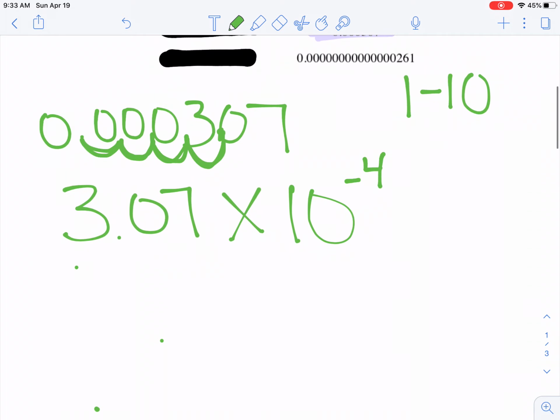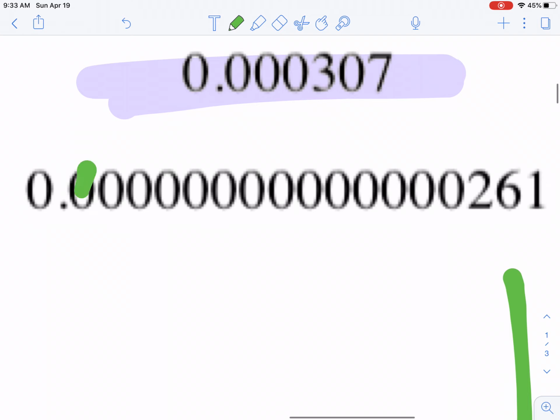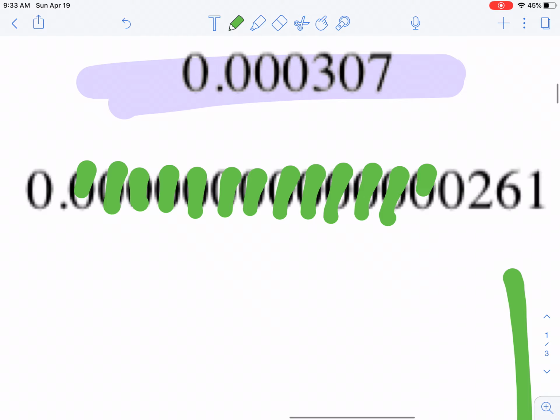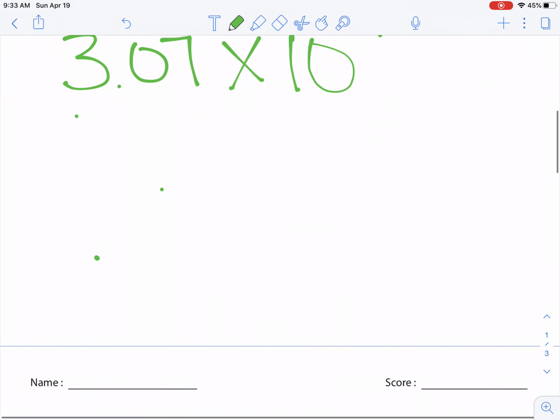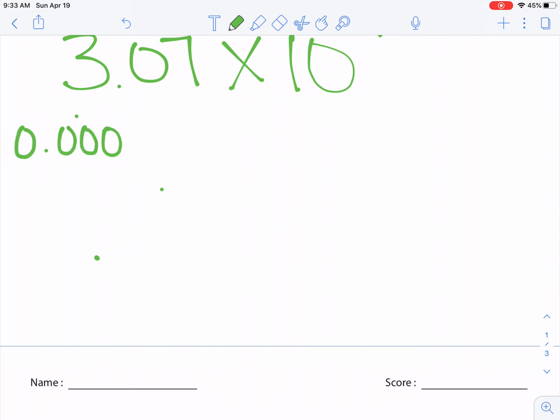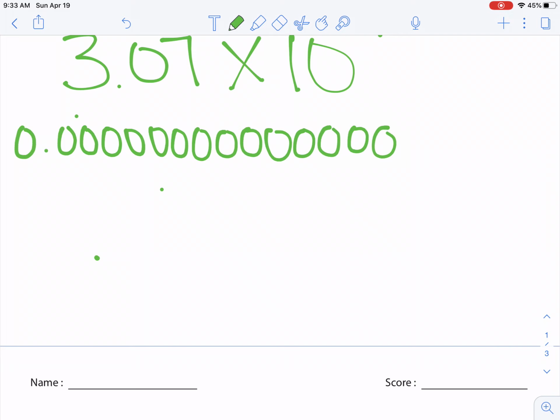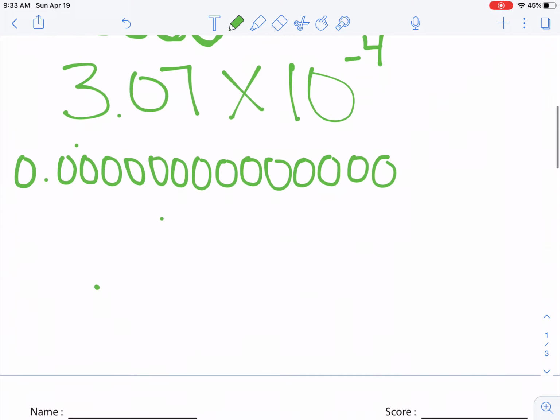The next one, I have no idea how many zeros are in that. 14 zeros. So here's our example. You should be writing this, by the way.